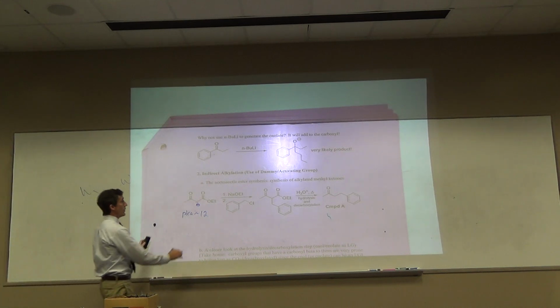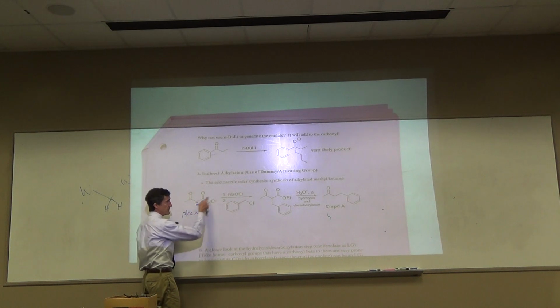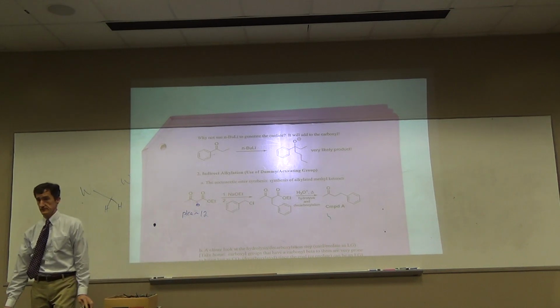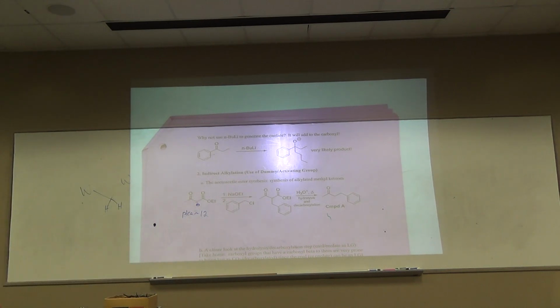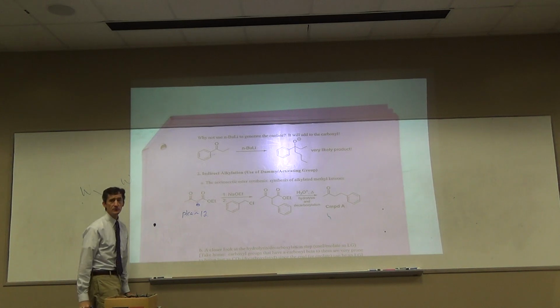Because of that, we can completely deprotonate with an oxygen base. We don't have to use LDA. And if you can do it with a more common oxygen base, which is more commonly found in the lab, cheaper, perhaps safer, because LDA could be a little bit more prone to causing a fire if you get it around water, it's more exothermic. You'd rather be able to use an oxygen base.